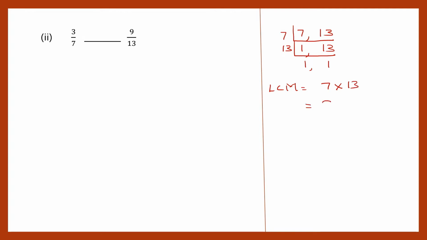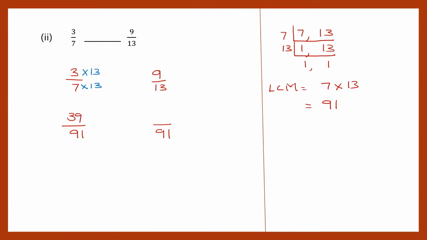13 sevens are 91. So we're going to use 91 as a common denominator. So let me write down the fractions, 3 by 7 and 9 by 13, and the denominator is 91. Now 7 into 13 is 91, so 3 into 13 is 39.